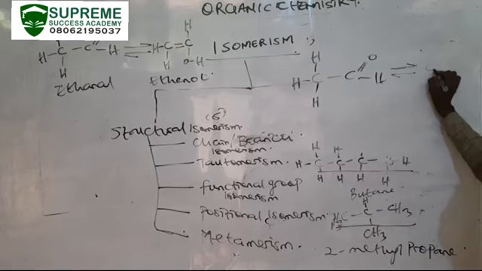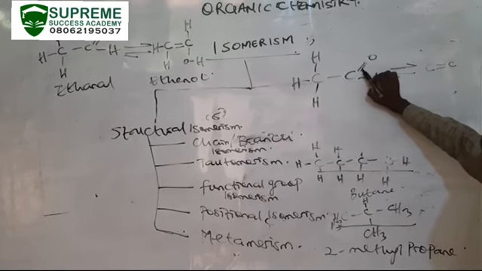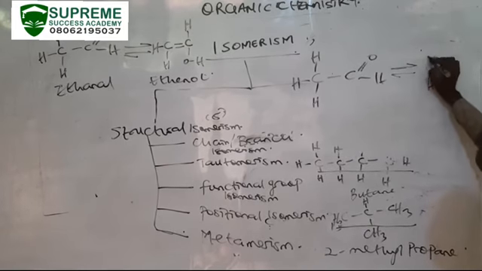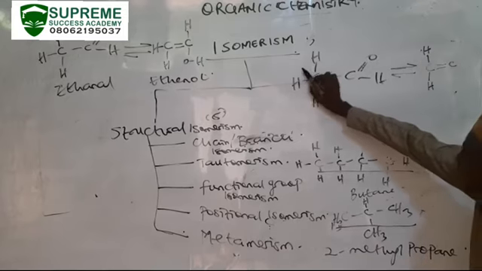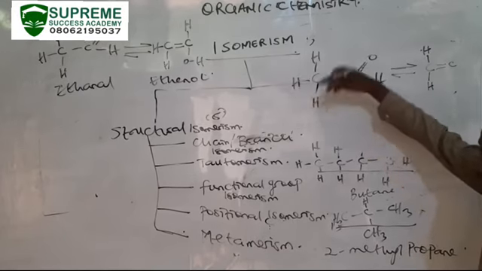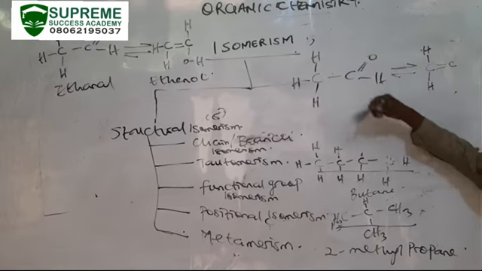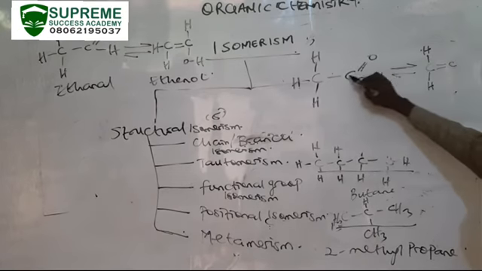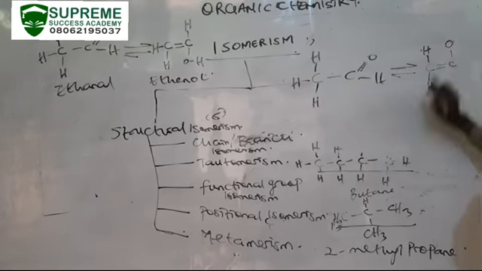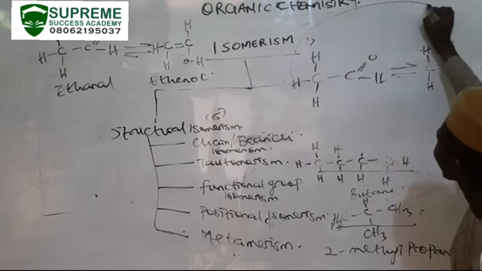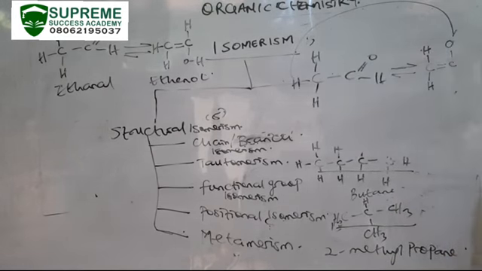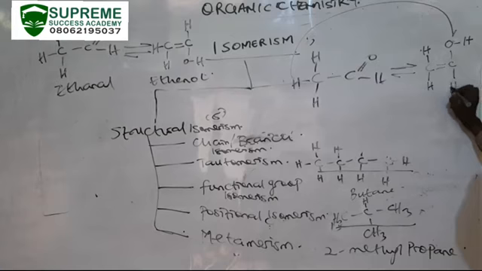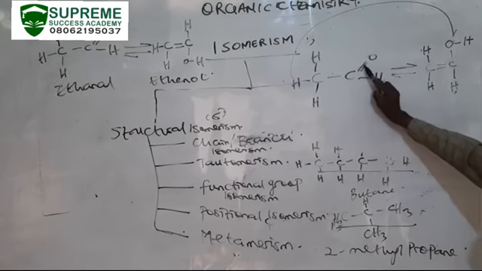So I'm going to be having C, double bond C. That means this double bond has moved from this position to this place. Then I have hydrogen. Now this hydrogen here is called a proton. Usually in chemistry we refer to hydrogen as a proton. So there is a shift of this proton. So where is this proton coming from? Remember, you have C and O, and now there is a shift from here to this place. So we now have O with an H. There is a simultaneous shift of a double bond.